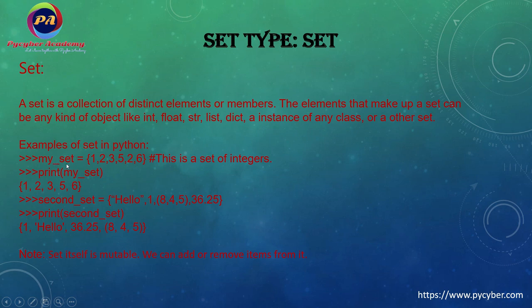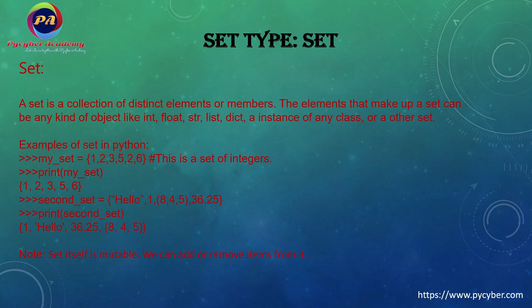So my_set equals, within the curly braces we set the values separated by commas, like 1, 3, 5, 2, 6. This example is a set of integers. We can see that the value 2 is repeated two times, but a set is a collection of distinct elements, which means it will eliminate the duplicate values.